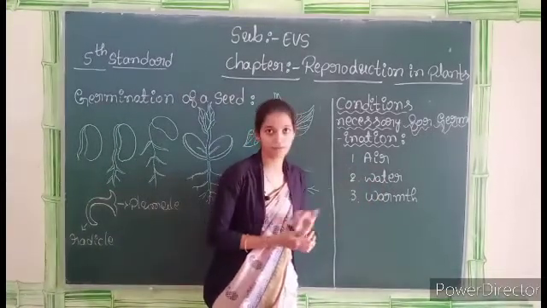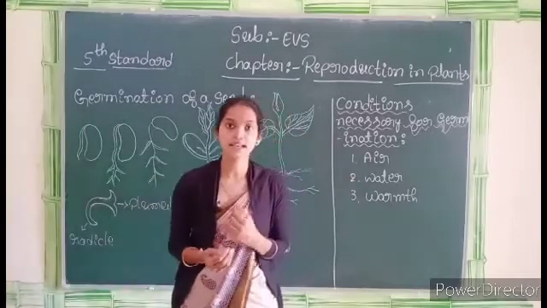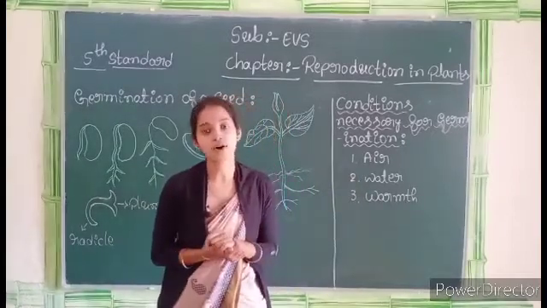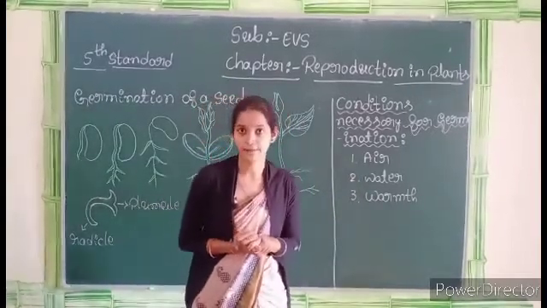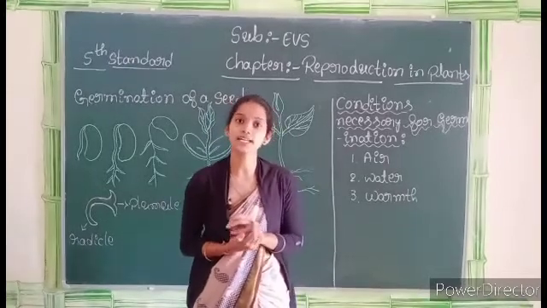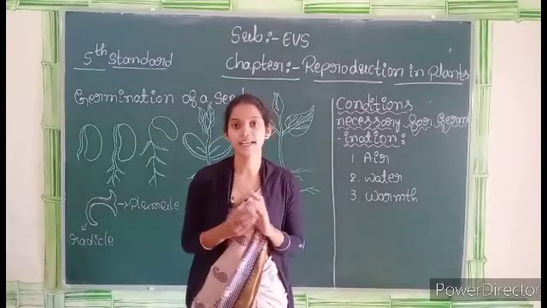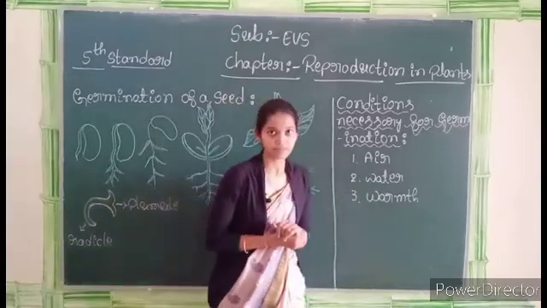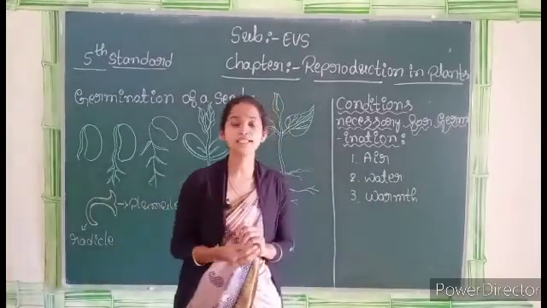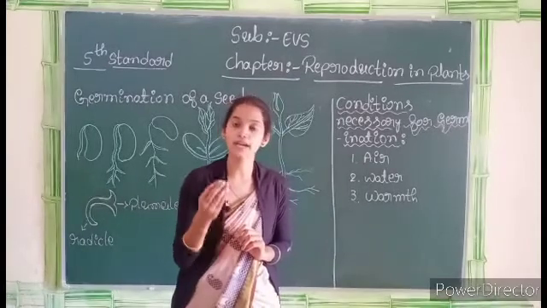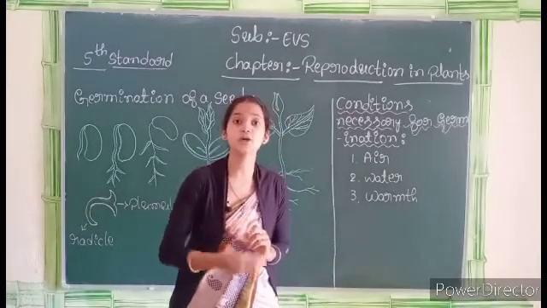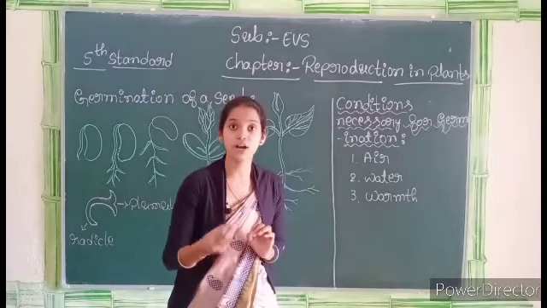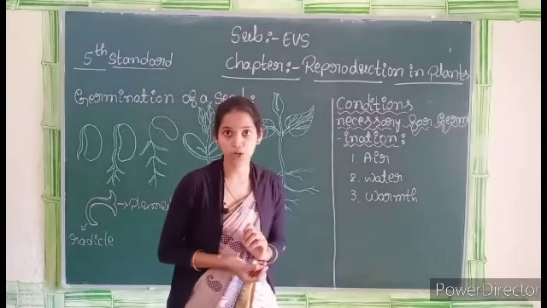First, air. Like us, seeds require oxygen for breathing. A seed will not germinate until it gets air. Okay. Then water. Water softens the seed coat. I already told you that when the seed coat softens, it breaks down and gives way for the embryo to grow.